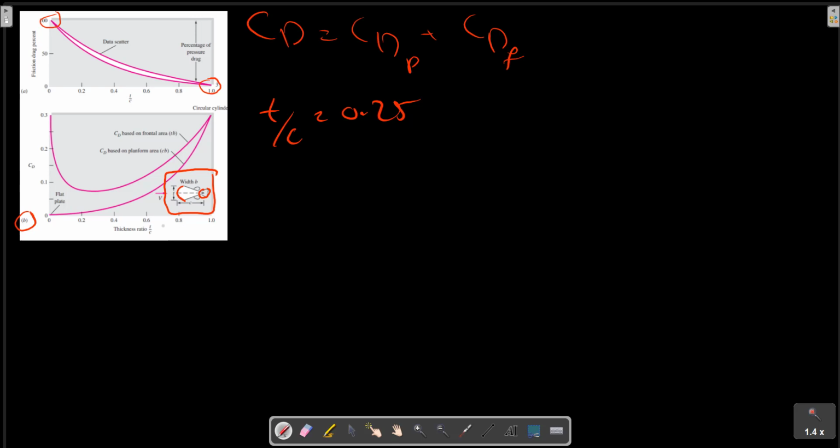We have the thickness ratio, based on frontal area and based on planform area, two types of area that we discussed before.